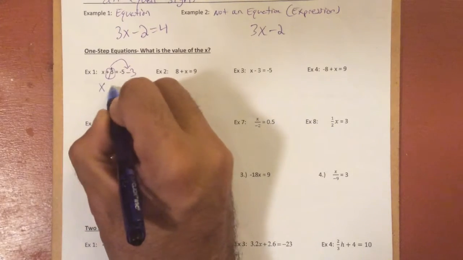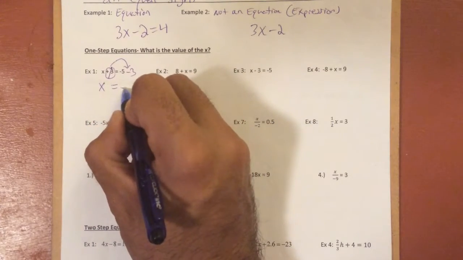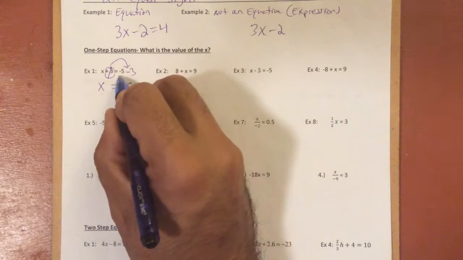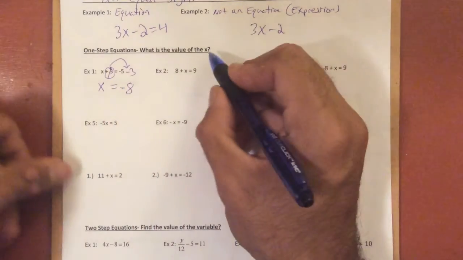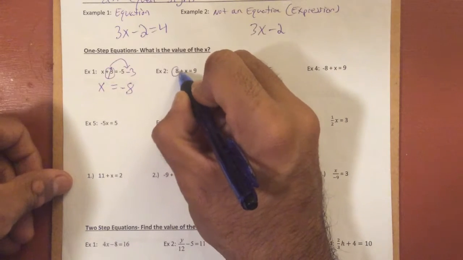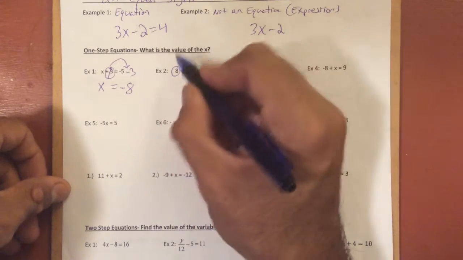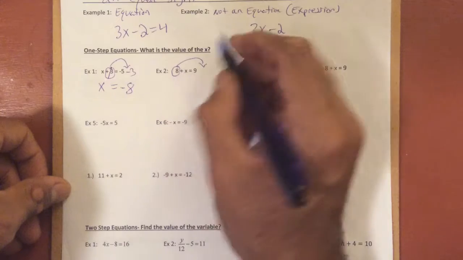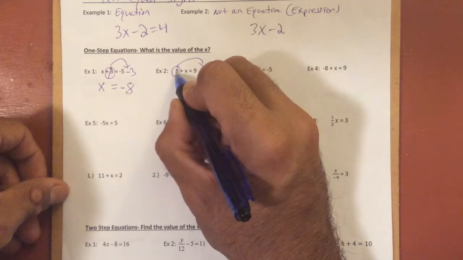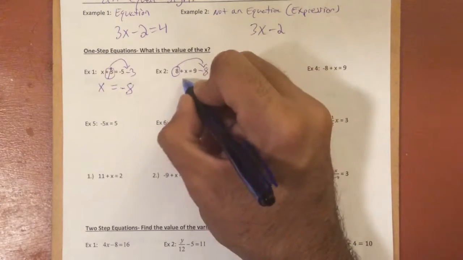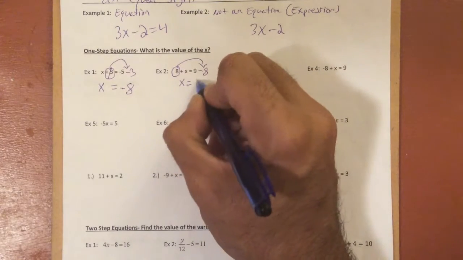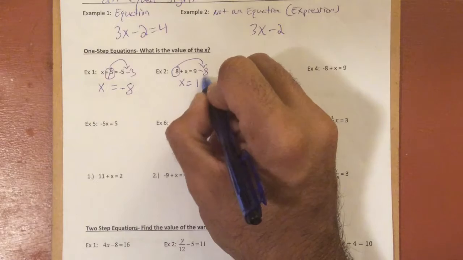So I'm left with x equals negative 8, because negative 5 minus 3 is negative 8. Example 2. I need to move the constant, which is the number without the letter, and that will be the 8. So the opposite of a plus 8 or a positive 8 is a minus 8. So now I have x equals 1 because 9 minus 8 is 1.